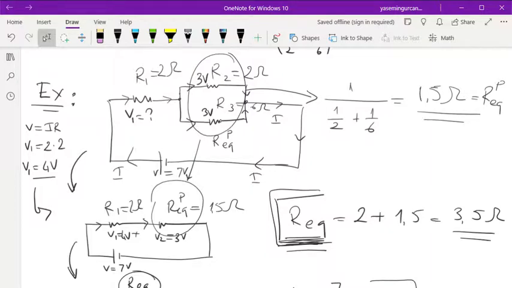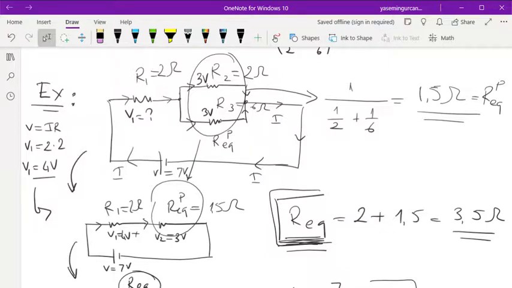So whenever you have parallel connected resistors, you would read the same voltage. So once again, on R2 and R3, if you read the voltage value, you would read 3 volt because that's what we found out that this parallel part of the circuit carries. So 3 volt on R2, 3 volt on R3.